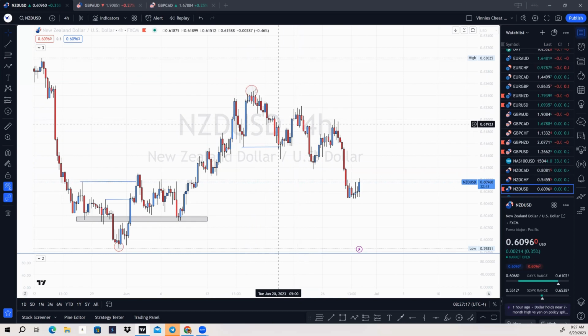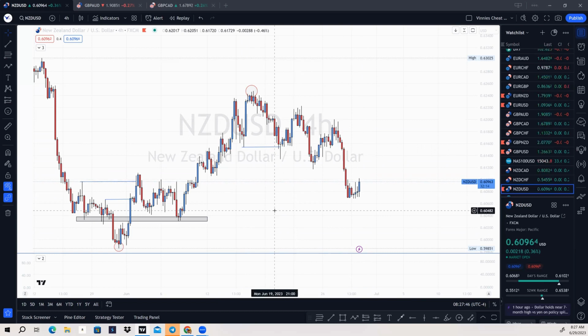When price gets to a lower high, you're going to see wick rejections. Wick rejections also identify that price does not want to continue up further. Then price dropped down, created a lower low, lower high, lower low. So we're looking for price now to create a lower high, obviously, on NZD USD. So that's how you identify a trend change.